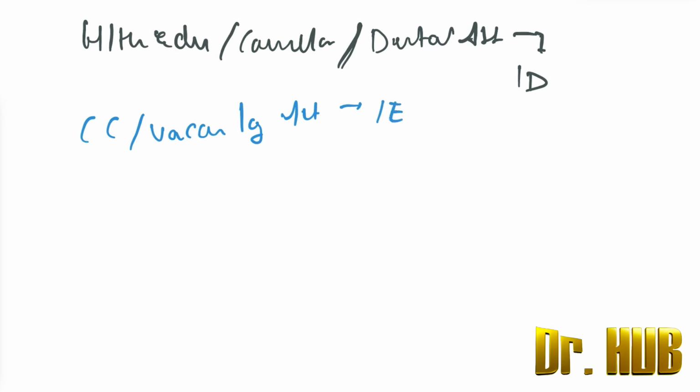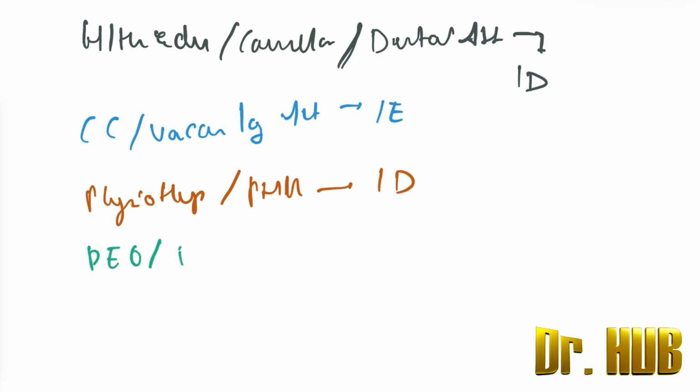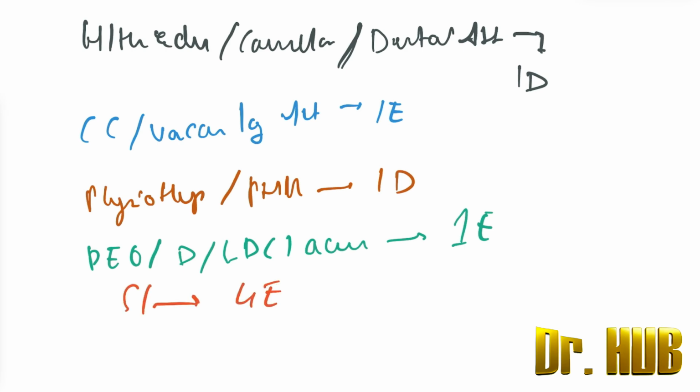And the physiotherapist as well as the public health manager, this is going to be 1D. Next, looking at the data entry operator, the dresser, as well as the LDC1 accountant, this is going to be 1E. Then what about the sanitation staff? It is going to be 4E.